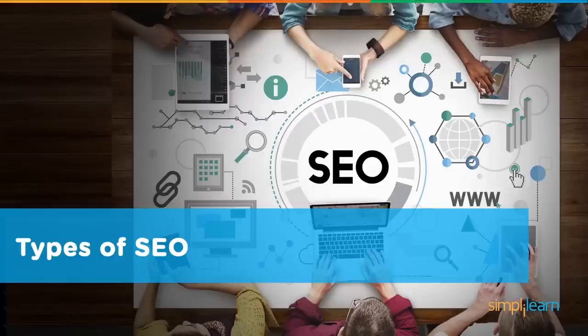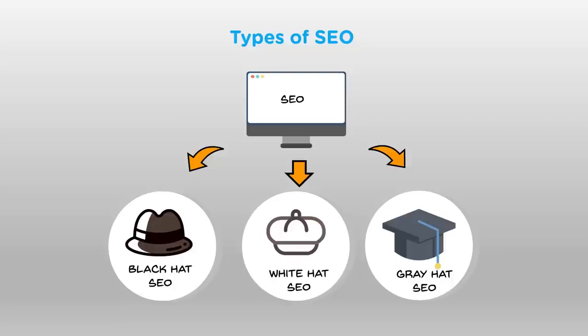Now that we've talked about some of the different algorithm changes that Google has made over the years and continues to make, let's segue into the types of SEO. When we talk about the types of SEO, we're really talking about doing what's right, what's expected, versus doing something that is trying to cheat the system.